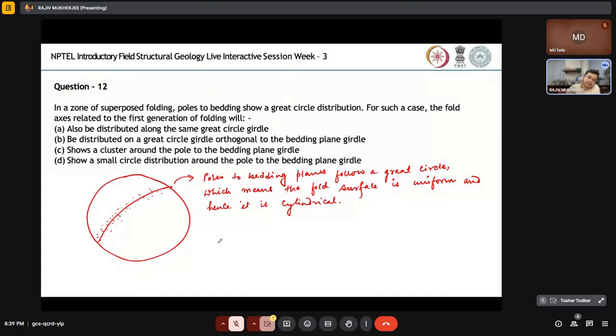So if this fold is cylindrical and the poles to the bedding plane follow along a great circle, then definitely this plane is the profile plane of the fold.